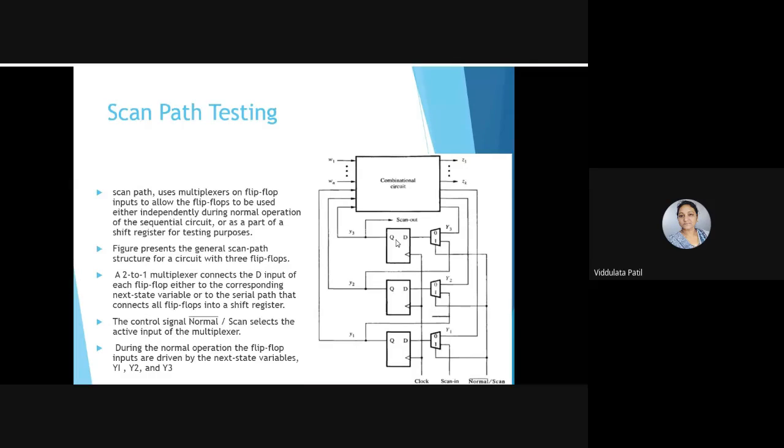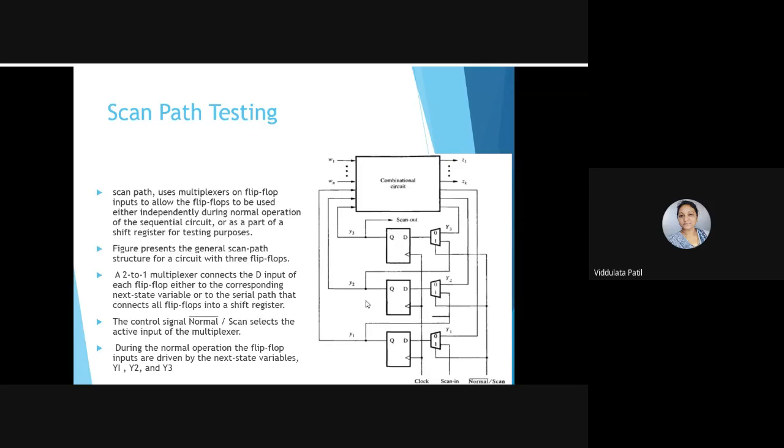Okay, so now we are discussing scan path testing. Now here what we are doing, we are using a multiplexer on the flip-flop input. So these are the flip-flops, these are the memory elements, and also with these we have certain combinational circuits. Okay, so it may be any circuit that may be present here, but with that we have these flip-flops. That means overall this circuit will be a sequential circuit.